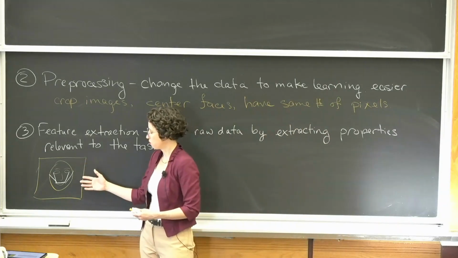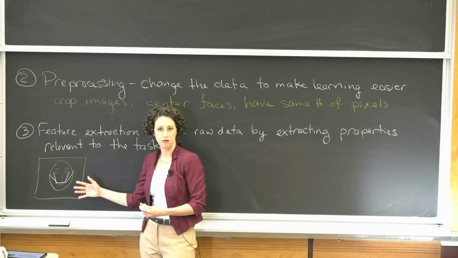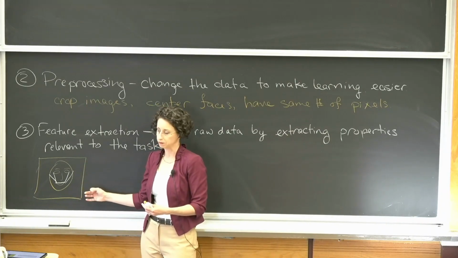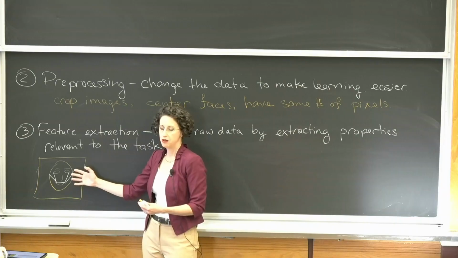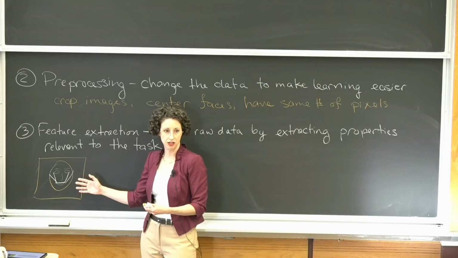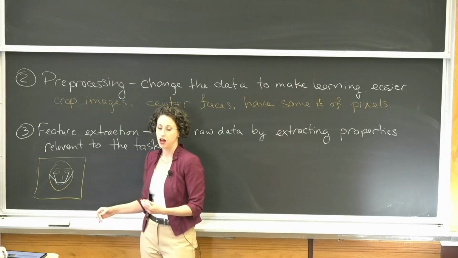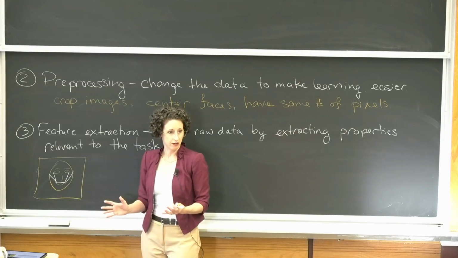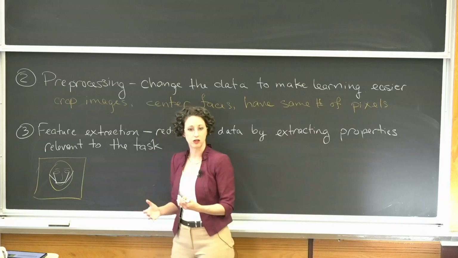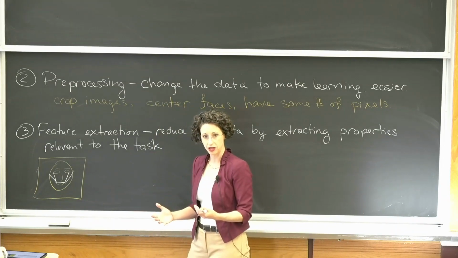So if I wanted to perform machine learning and all of my images have millions and millions of pixels, you could imagine that many aspects of that image are irrelevant to my task. The color of the background, the color of the hair, whether or not they have earrings, all of that's irrelevant to whether or not they're smiling.